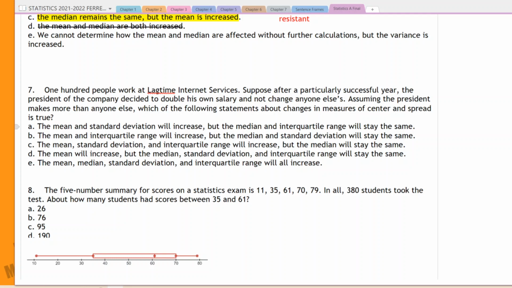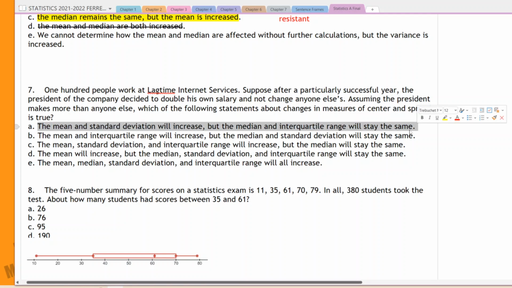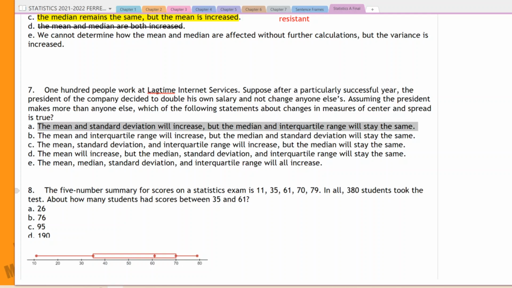Q1 and Q3 are going to stay the same, only the maximum is going to increase. So it sounds to me as though letter A is very attractively worded. The mean and the standard deviation will both increase, but the median and IQR are going to stay the same. So that sounds pretty good.